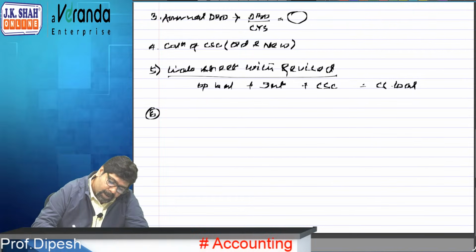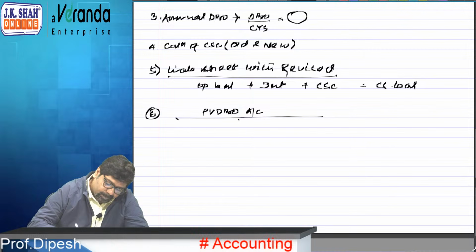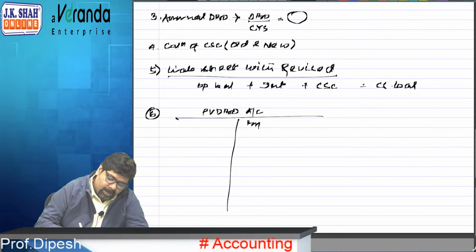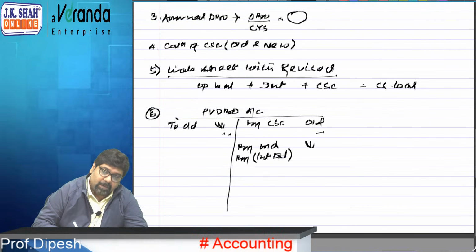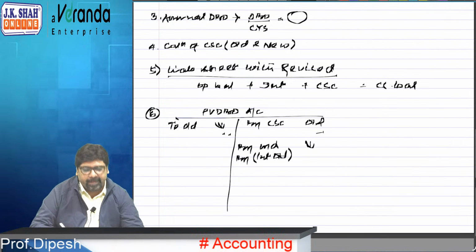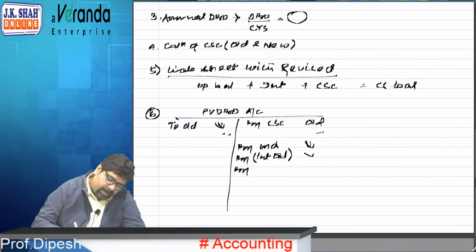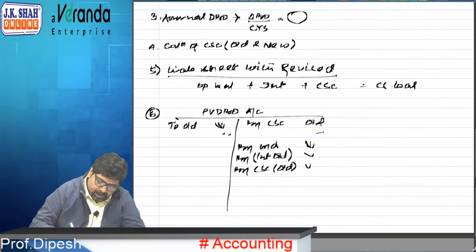Number 6, you will prepare the PVDBO account. By CSC old, to balance carried down. By balance brought down, by interest old. I am assuming the change has not taken place in the second year. By CSC old, to balance carried down.